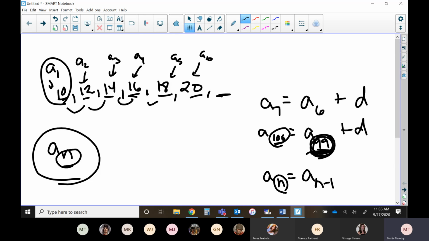Meaning, if this is the 60th term, this is going to be the 59th. AN minus 1 is just the term in front of that one. Does that make sense? Plus D. This is called the recursive formula.